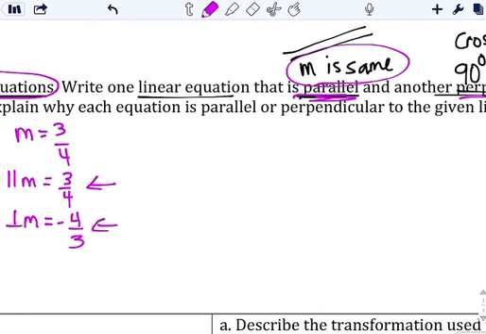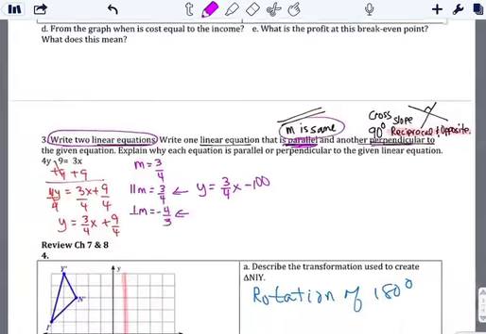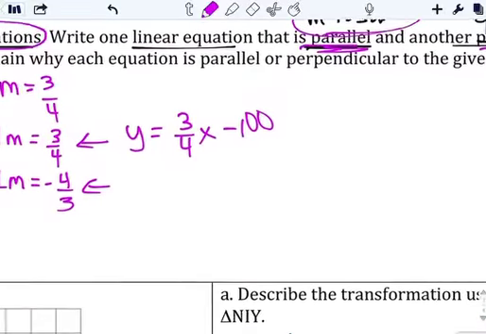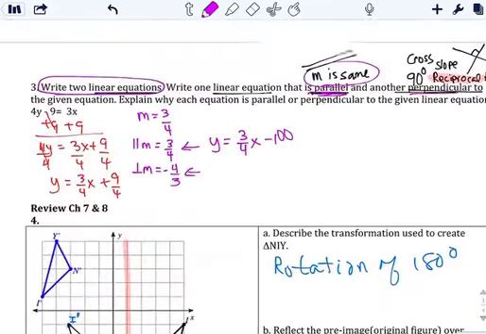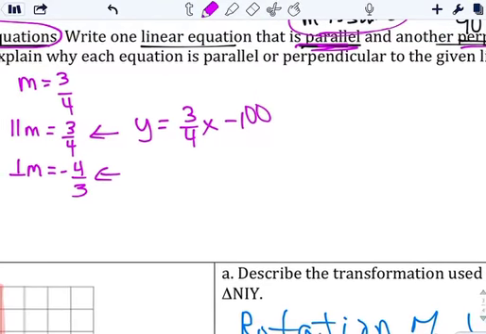For parallel: y equals 3/4 x, and what else? Negative 2. Can I put negative 100? Yes, anything, very good, except 9. Because if you put 9, it's going to be the same thing. You're on the right track.